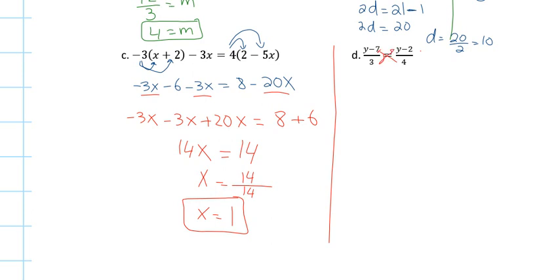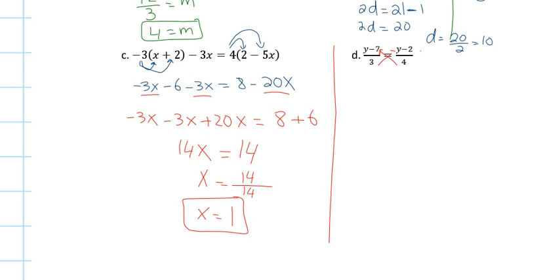Right? Maybe that's a way that you remember it. Another way is to find a common denominator, which is probably the hardest of all of them. Another way would be you bring the 3 over here and you bring the 4 over here. Same idea. You're kind of cross multiplying.